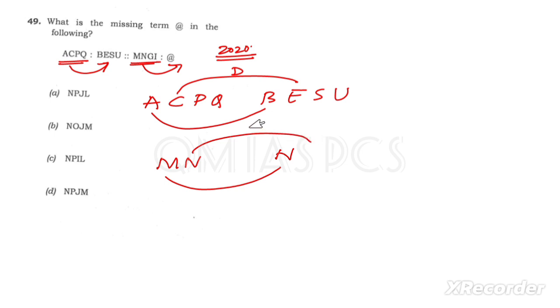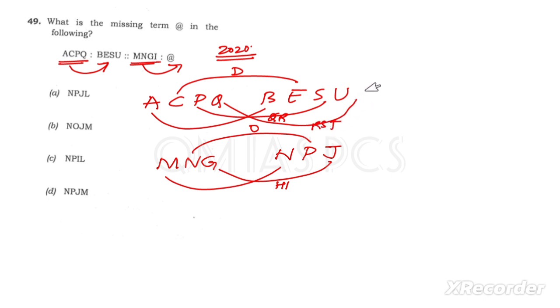For P, this is Q, R in between P and S, so here is G. G H I, two alphabets will be there, it will be J. Finally Q, then R S T, this is U. There are three alphabets, so after I it will be J, K, L, so this will be M. So your answer is NPJM.